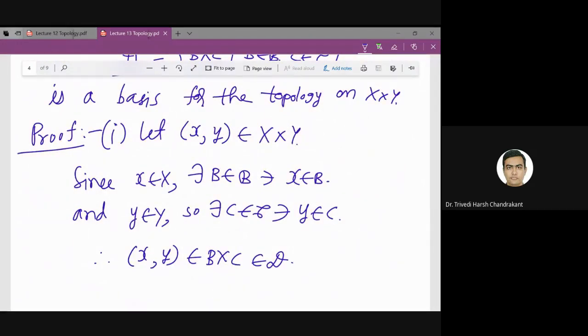So the first property of D, that D is a basis, is verified.